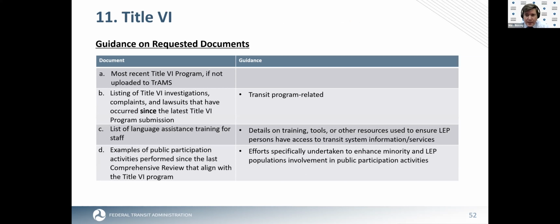Okay, moving on to Title VI. And before we start Title VI, I do want to just say these requests in the RER, they're not exhaustive. And so there are definitely things that your reviewer is going to ask for that aren't particularly listed out in the RER itself. What I would do, just to make sure that you're really prepared, is something that we've already recommended.